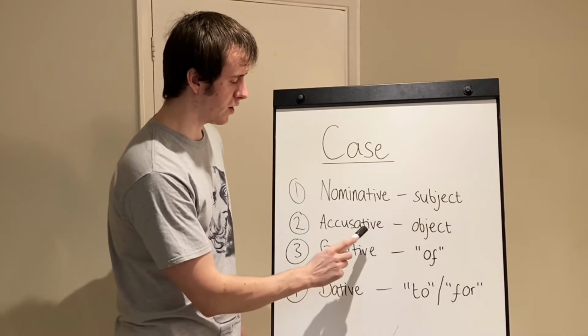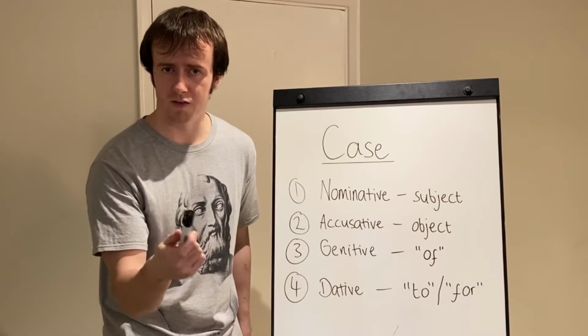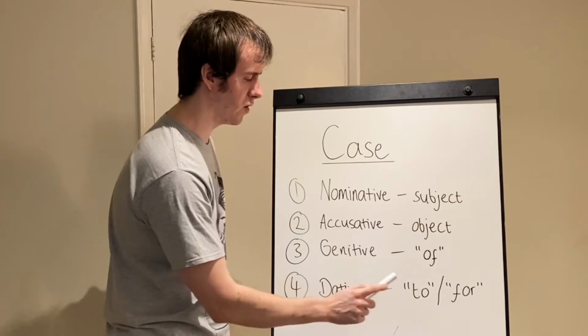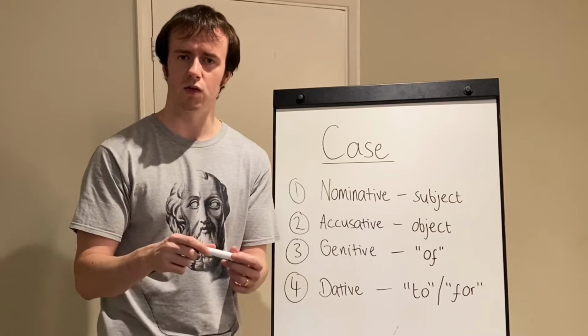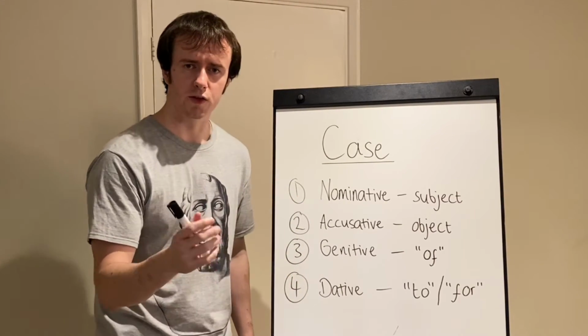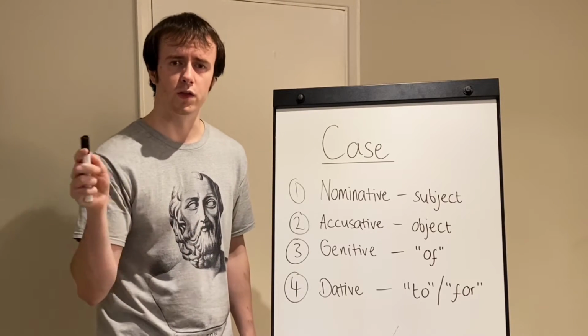Because technically the accusative is used to indicate the direct object, the one on the receiving end of the action of the verb, whereas the dative is generally used to indicate the indirect object, the person to whom something is being said or given, or for whom something is being done. To illustrate the difference between these, we could say, the boy gave a gift to the girl.